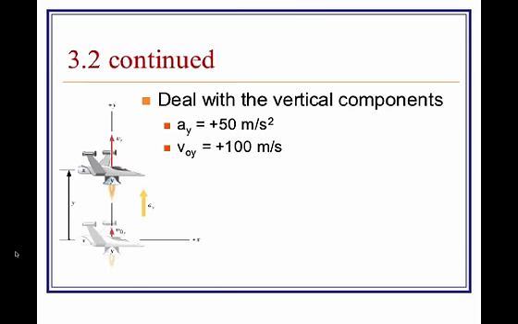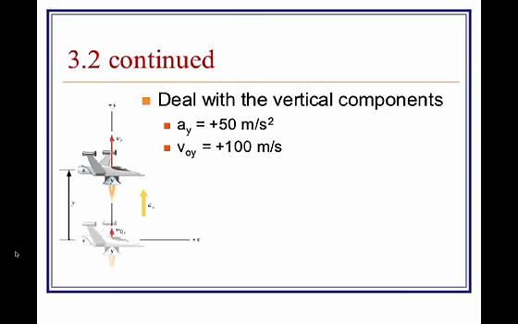Now that you've solved for all the necessary information in the horizontal direction, the x direction, we can now concern ourselves with the vertical components. In the vertical direction, we have an initial velocity of 100 meters per second and a constant acceleration of 50 meters per second squared. Keep in mind that once again, we're going to say that the initial position in the vertical direction is 0.